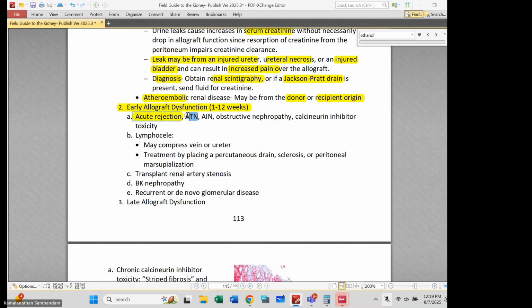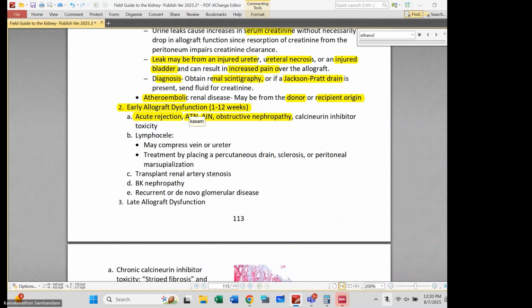You can still have evidence of ATN that persists post-transplant, and some of our patients are even discharged on dialysis for a couple of weeks as the ATN abates. You can have ATN from overaggressive blood pressure lowering post-transplant, or calcineurin inhibitor levels that are going too high. AIN is also in the differential diagnosis, perhaps to the Bactrim or other agents that the patient is receiving.